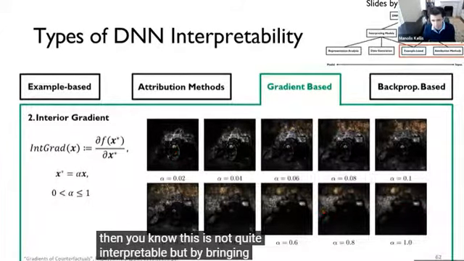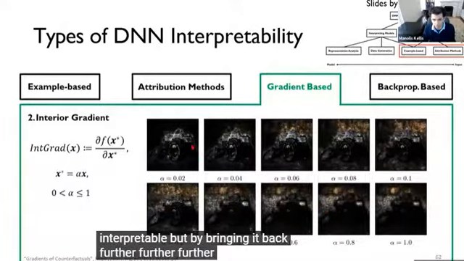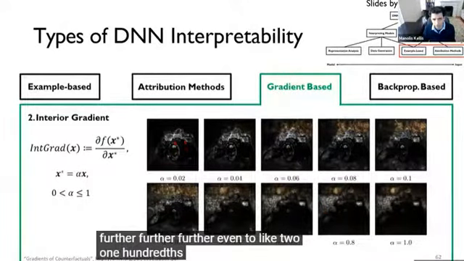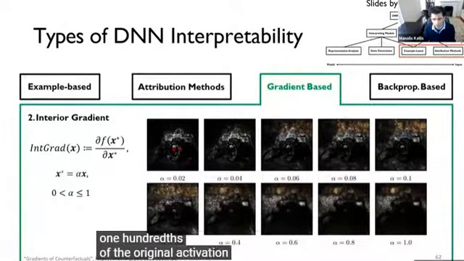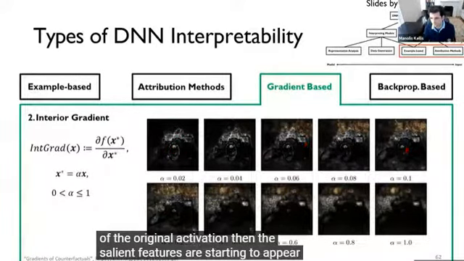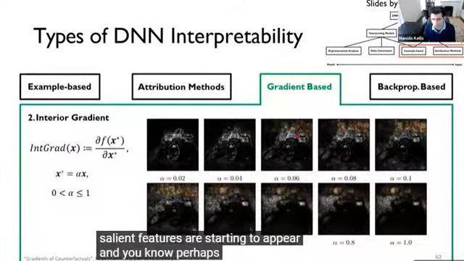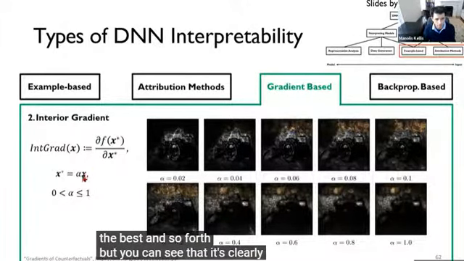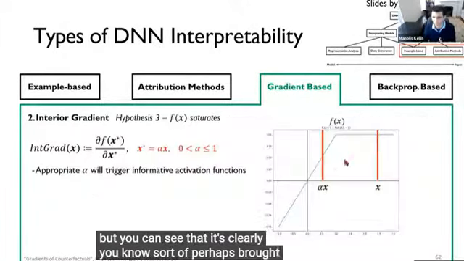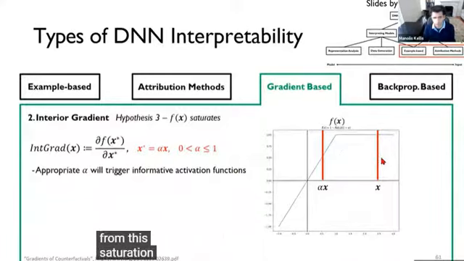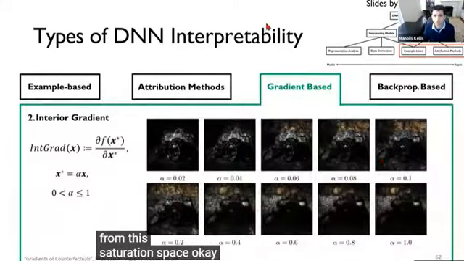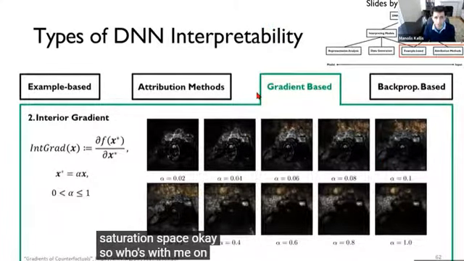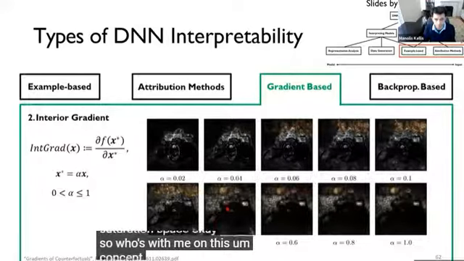But by bringing it back further, even to like 2/100ths of the original activation, then the salient features are starting to appear. And perhaps you would argue that this is the best, or maybe this is the best, and so on and so forth. But you can see that it's clearly perhaps brought back from this saturation space. Okay, so who's with me on this concept here?